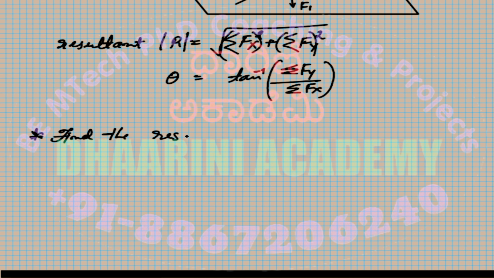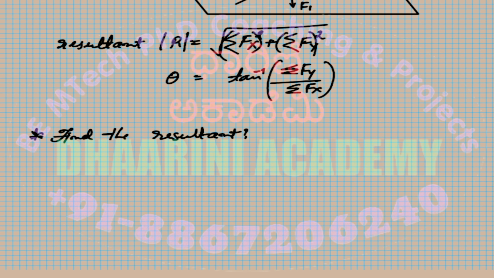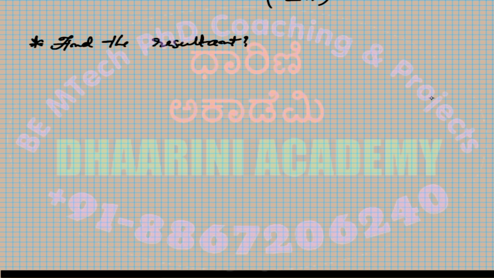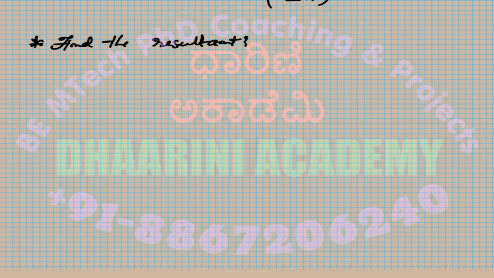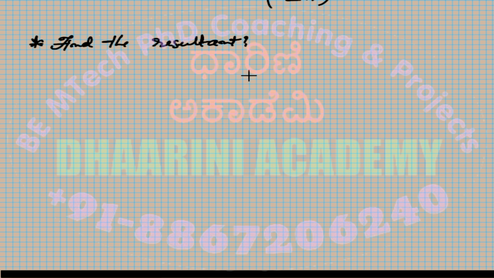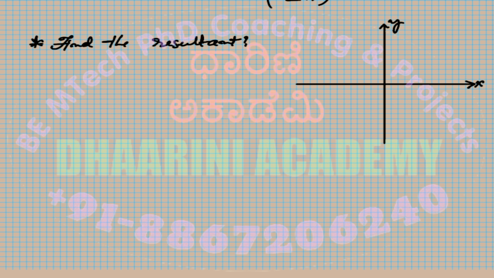Find the resultant. So now the question that we are going to write here itself is going to be a concurrent coplanar system. X-axis, y-axis. Let me mark the forces with color.